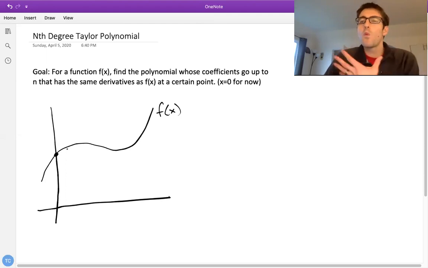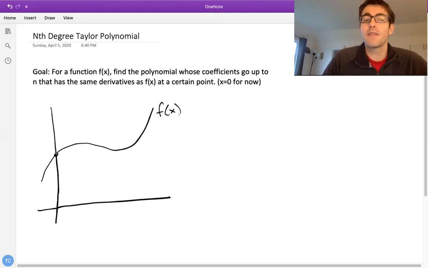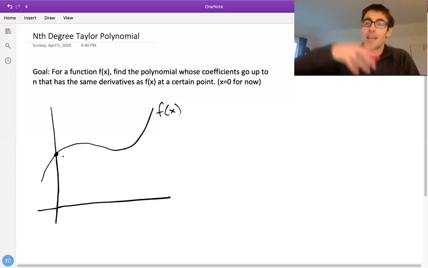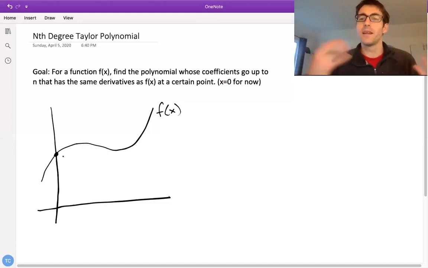But when we say that we want it to mimic the behavior, we want this polynomial function to not only have the same value as our f function at x equals 0, but also the same first derivative, which means that it has the same slope, the same second derivative, meaning that the function's slope changes in a very similar way, third derivative meaning that that changes in a similar way, etc.